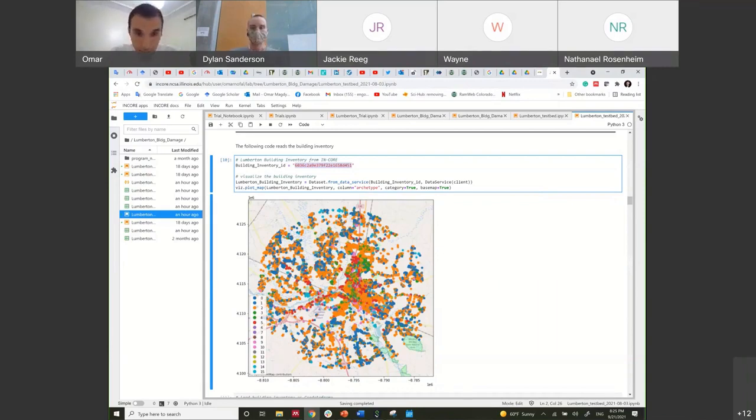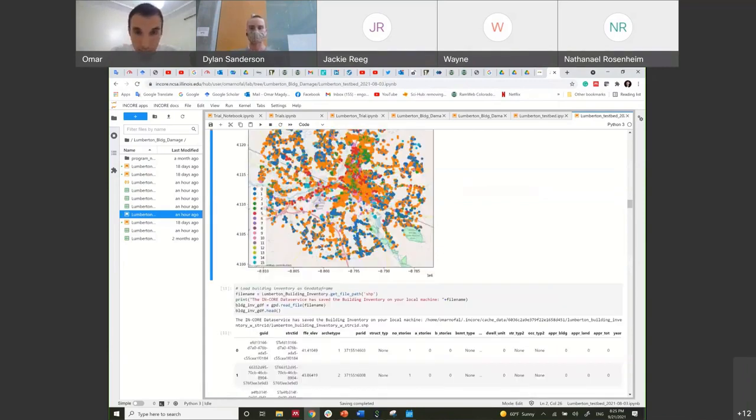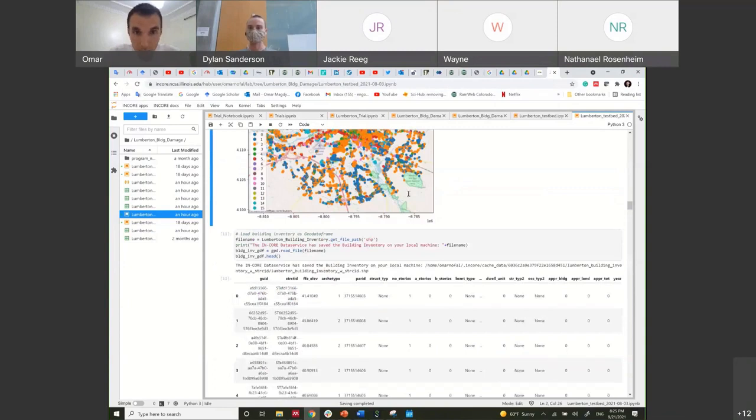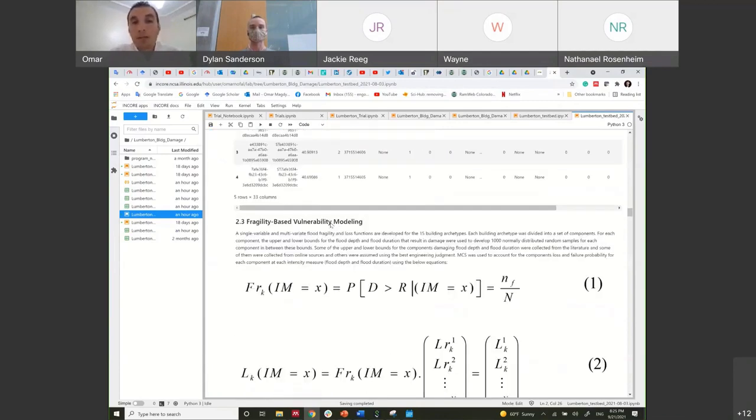The next step is transforming this building inventory to a GeoDataFrame, so we can read data like the number of stories, whether there is a basement, occupancy, building archetype, and all of this information. Then we have the 15 fragility functions related to our 15 building archetypes.